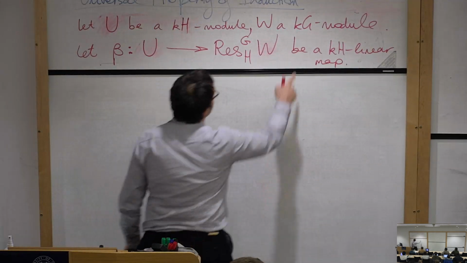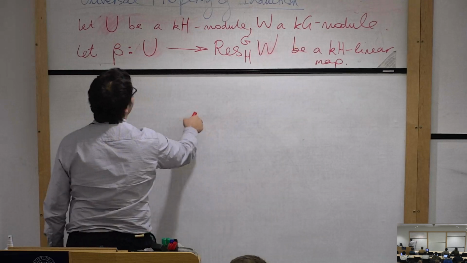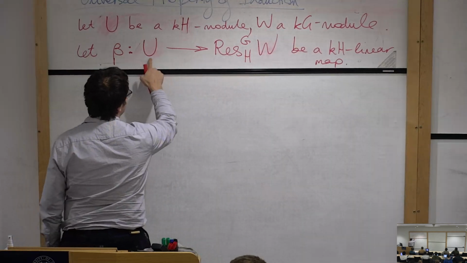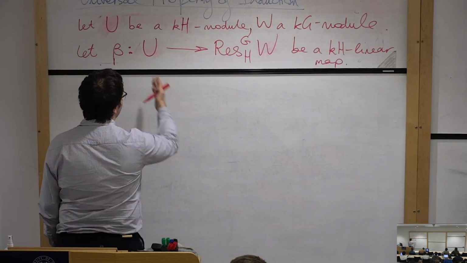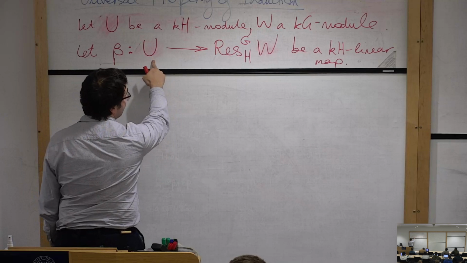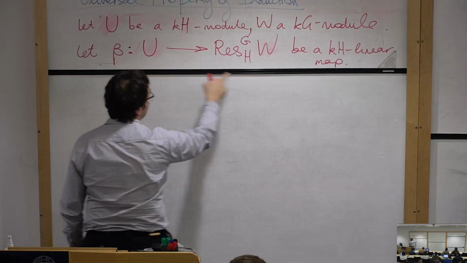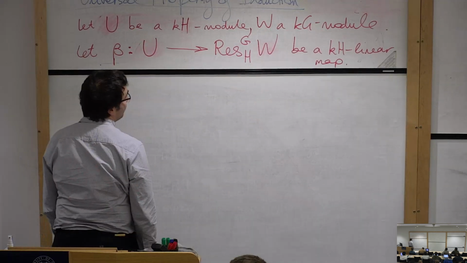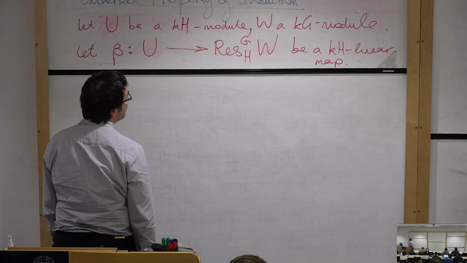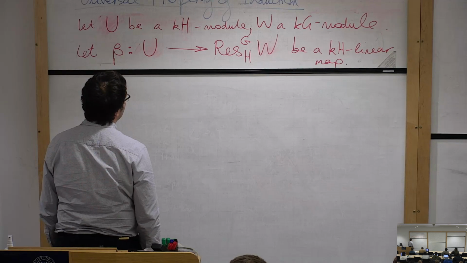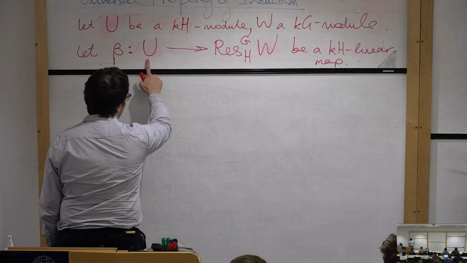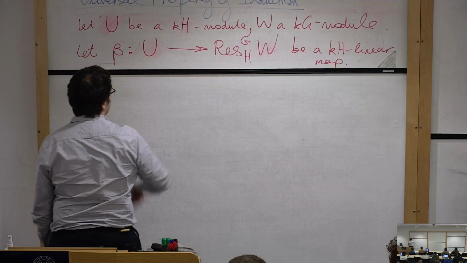If I have a kG module, a representation of G, I can restrict it to H and I can consider maps from some other kH module into it. And the universal property is that you can always extend this map in some sense to a map from the induction to W. That's it. Once you think about it in the right way, it's very natural. You can extend maps from U to the restriction to the induction.